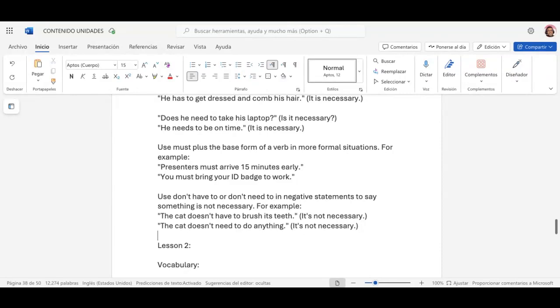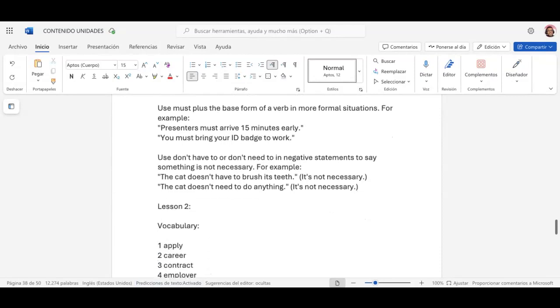We use mustn't for prohibitions. For example, you mustn't eat in the class. It means that you don't have options. It is prohibited that you are eating in the class. So you just need to avoid doing the action. I think that's the most important thing to remember about mustn't.